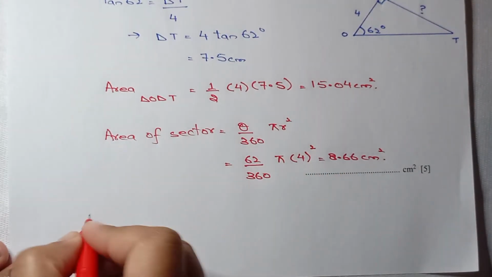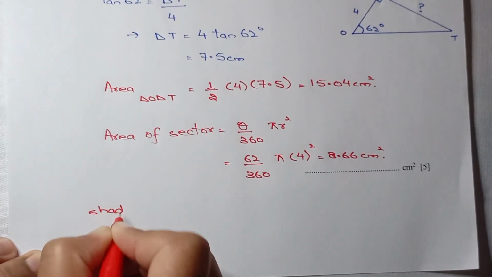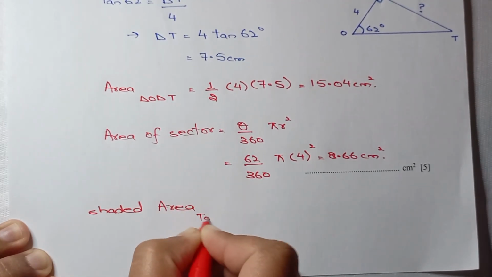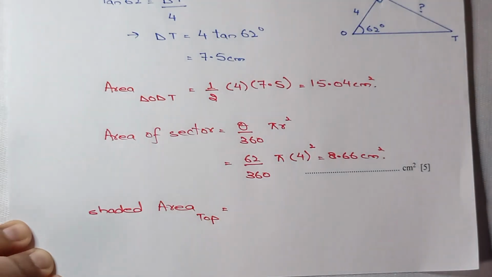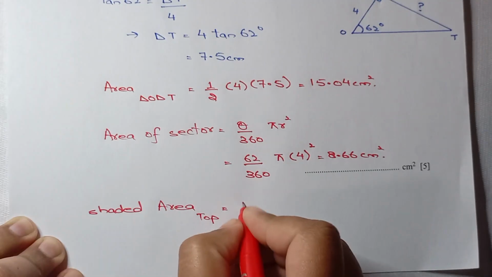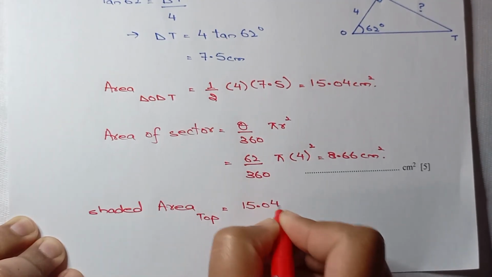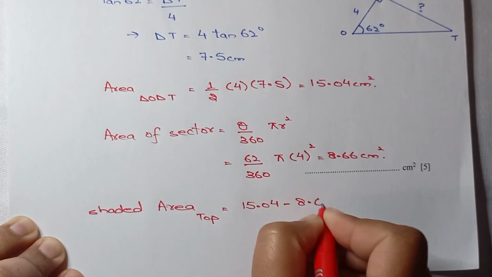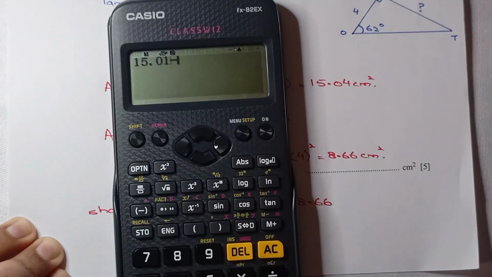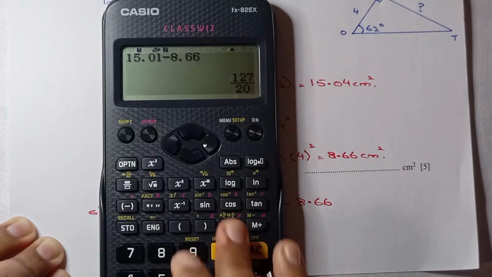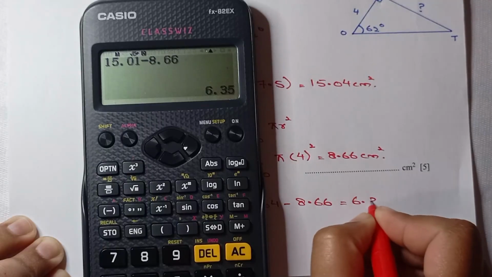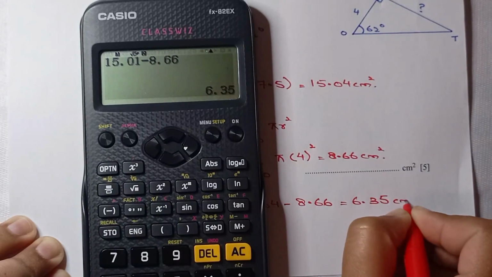Okay, so for the top shaded area, we have the triangle 15.04, subtract the sector 8.66, 15.04 subtract 8.66, we have 6.35 centimeter square.